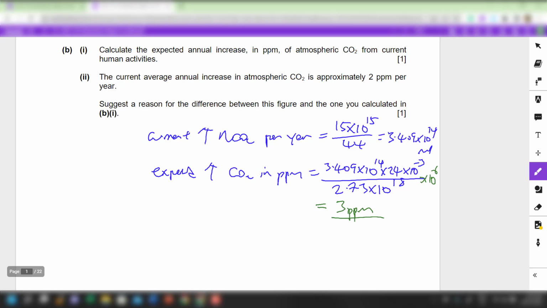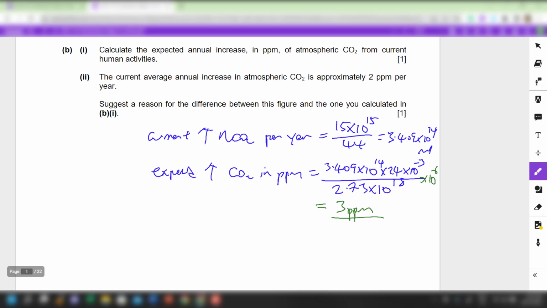So perhaps we are not expecting people to produce as much CO2 as possible. And of course, how do we cut down the amount of CO2? Then perhaps we are looking at renewable sources of energy, such as using solar cells or wind turbines.